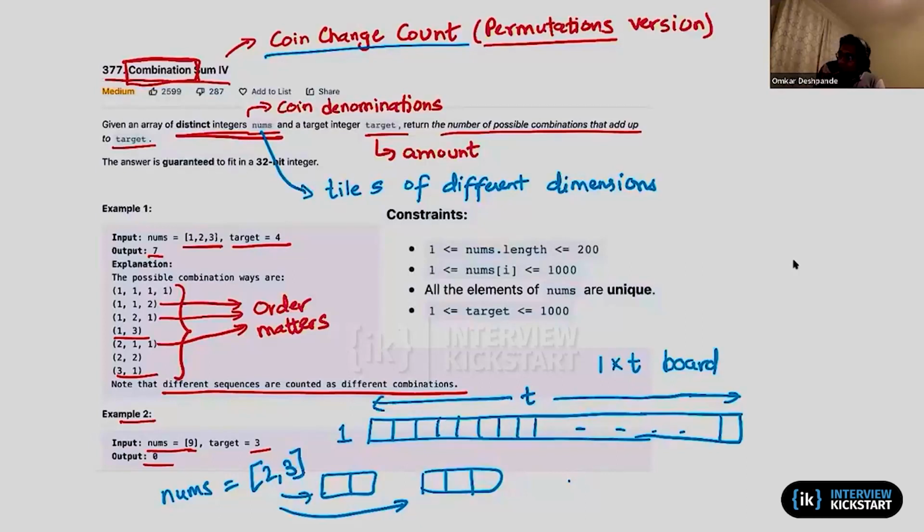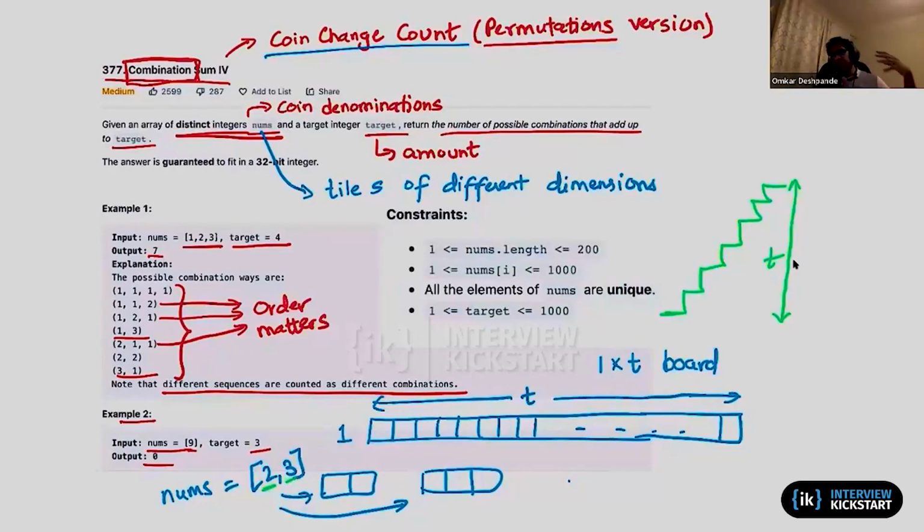Yet another way to describe this problem is to map it to the climbing stairs problem. Suppose you had a bunch of stairs, and the total number of steps you need to take to go from the bottom to the top is, let's say, t. And in each direct jump, you can either climb up 2 steps at a time or 3 steps at a time.